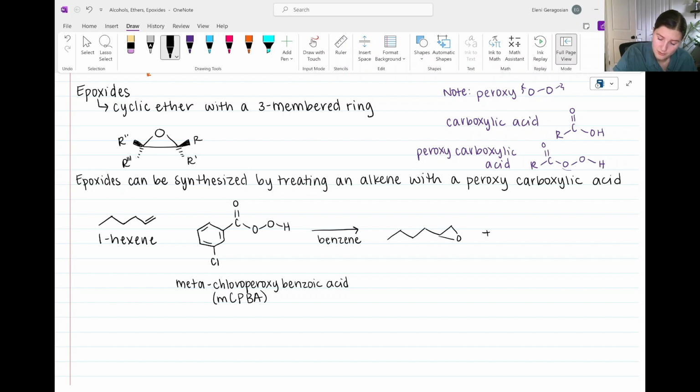And then we have benzoic acid, or metachlorobenzoic acid as a byproduct. So metachlorobenzoic acid.